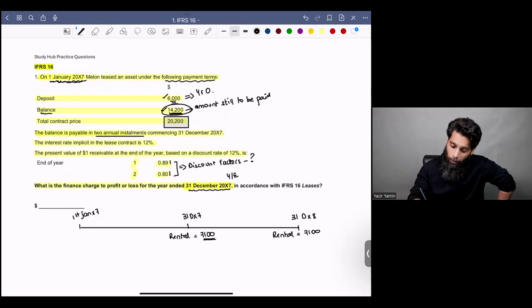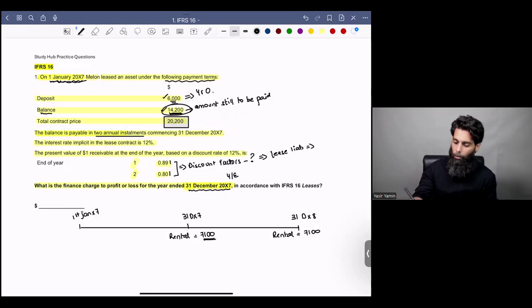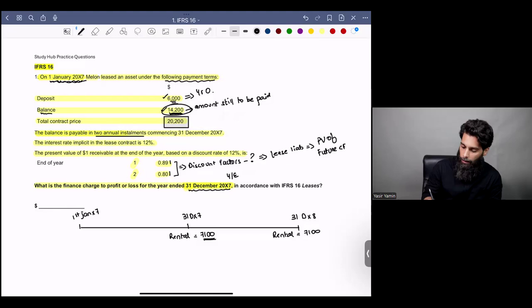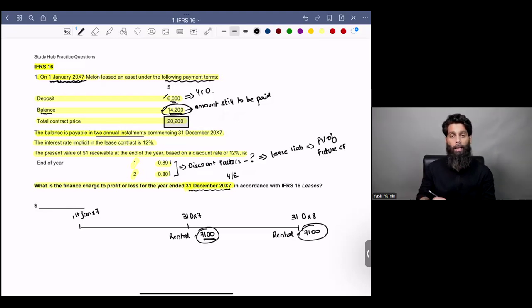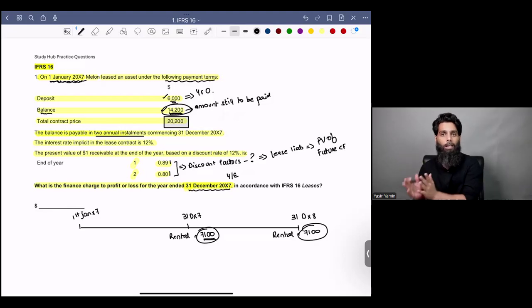Because we just revised, guys, that lease liability is not measured at absolute amounts, but is rather measured as present value of future cash flows. So we understand that 7,100 is to be paid after 1 year, and 7,100 again has to be paid after 2 years from now.